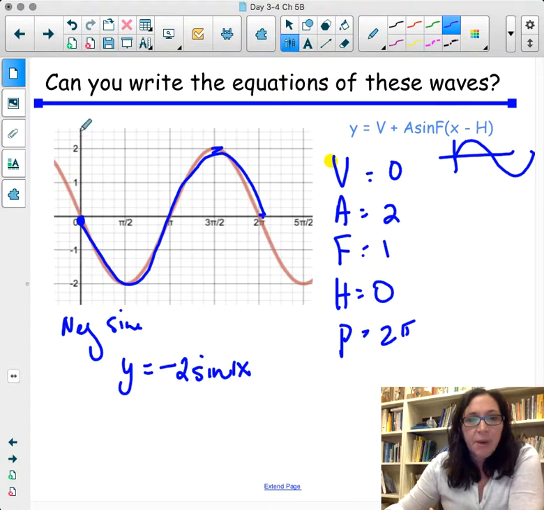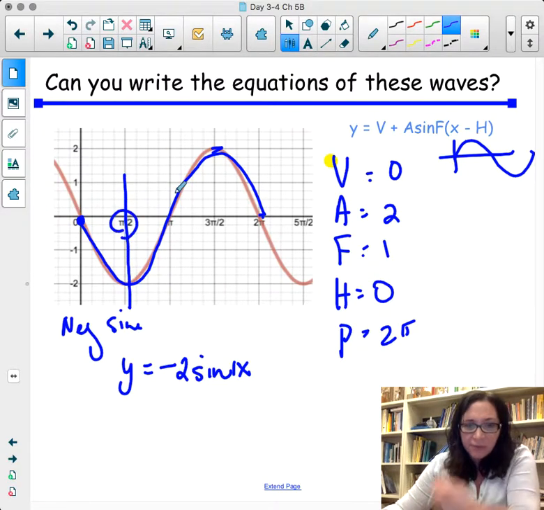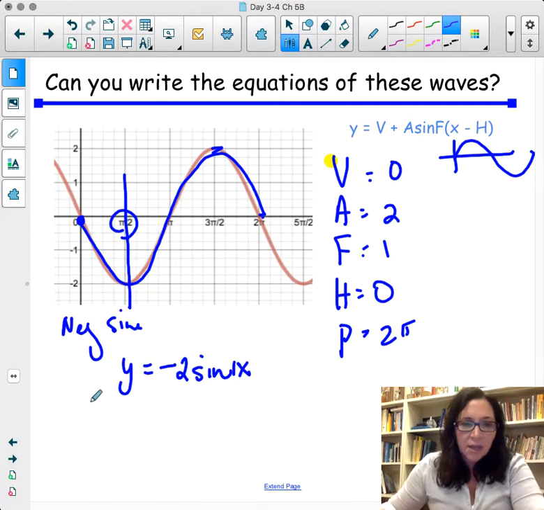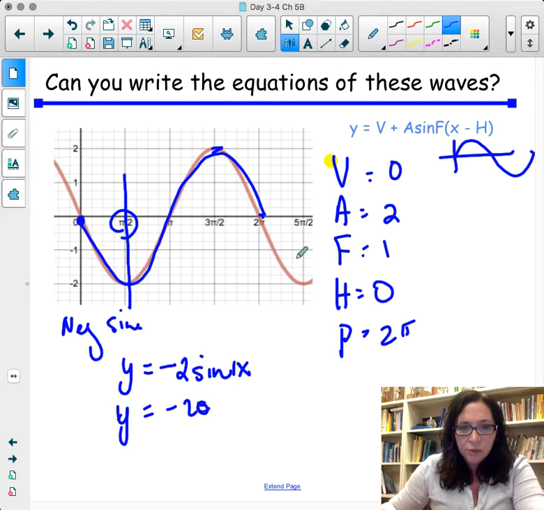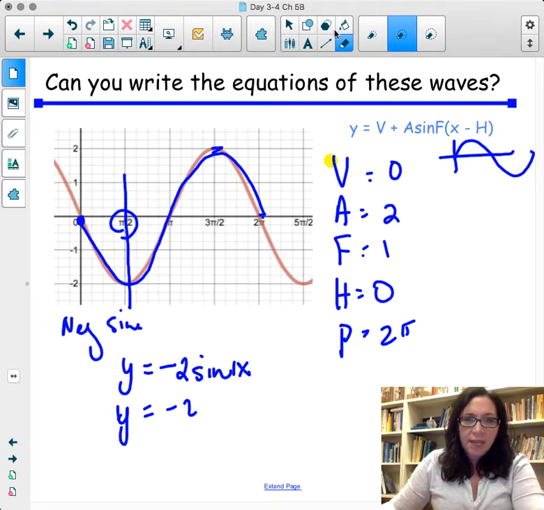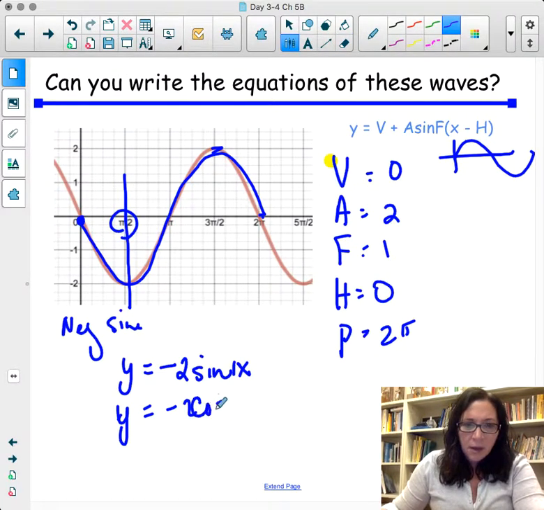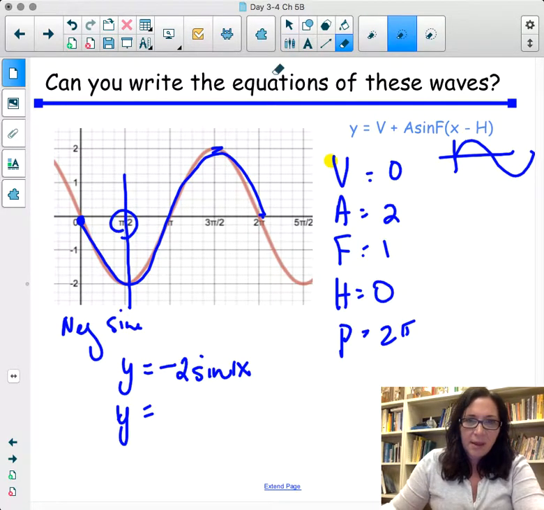Done. But if I want to make this, let's say, a negative cosine graph, I'm going to shift it to the right, pi over 2. So that's going to be y equals negative 2 cosine. Let's fix that.